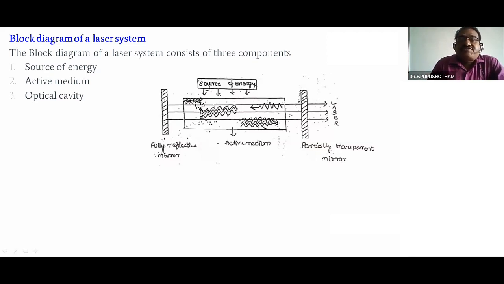This photon radiation is incident on the fully reflected mirror and reflected, and also incident on the partially reflected mirror. After several incidents and reflections, the photon ray gets sufficient energy and comes out from the partially reflected mirror as laser. This is the block diagram of laser.